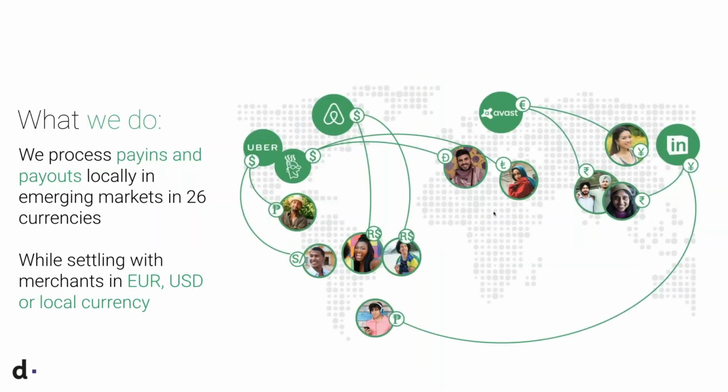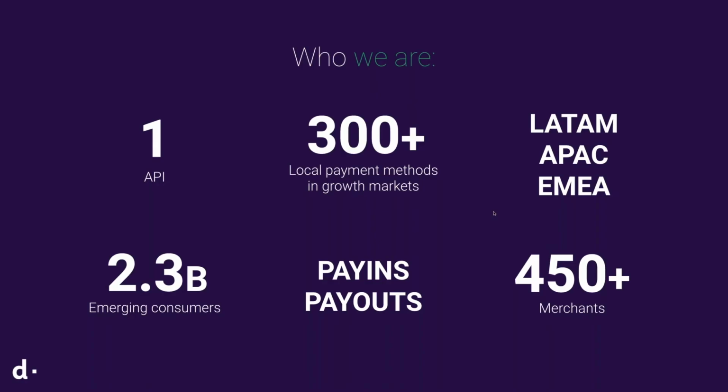Okay, so for a quick introduction to our company, we process both pay-ins and payouts locally in emerging markets in a total of 26 different currencies, while settling with our merchants in euros, US dollars, or local currency in the markets where we operate.